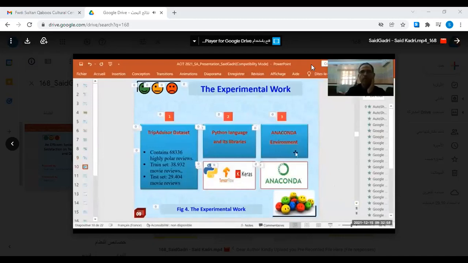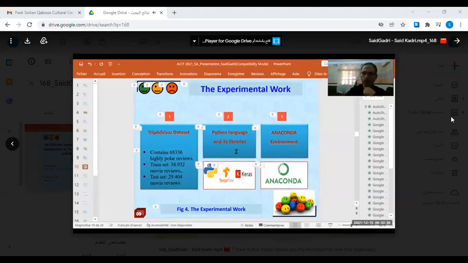For the experimental work, we have used the TripAdvisor data set. This data set is composed of 68,336 highly polar reviews, and it can be divided into 2 sub-data sets. The train set, which contains 38,932 movie reviews, and the test set, which contains 29,404 movie reviews.